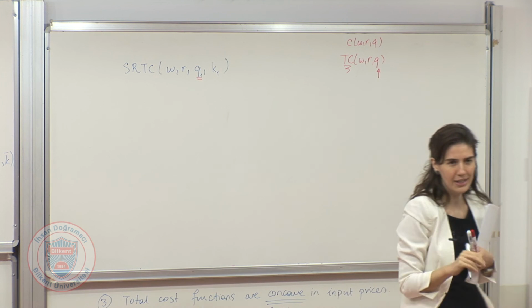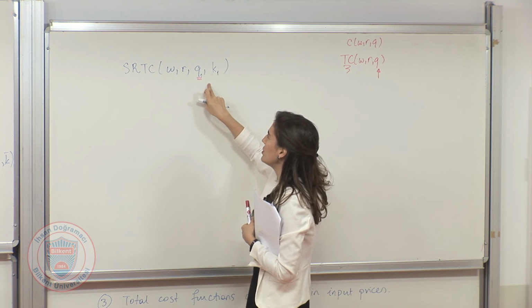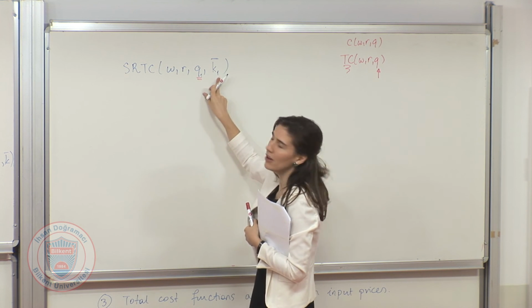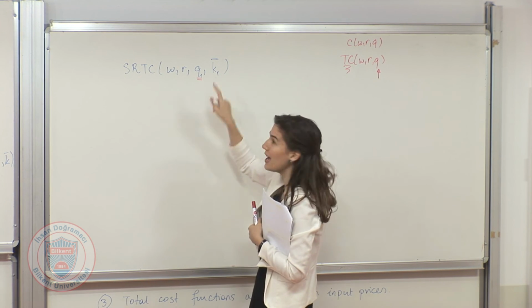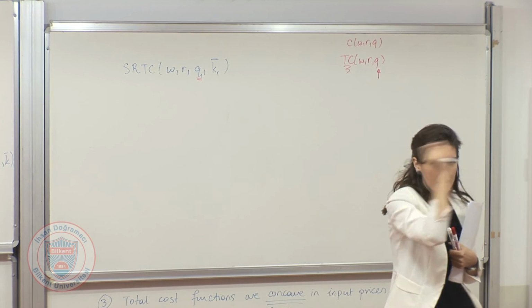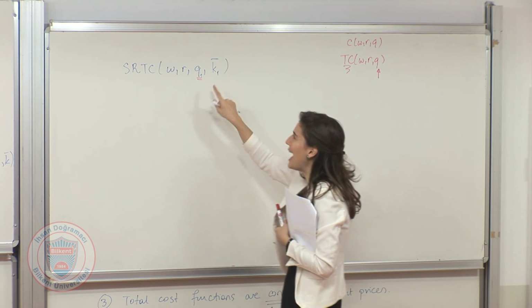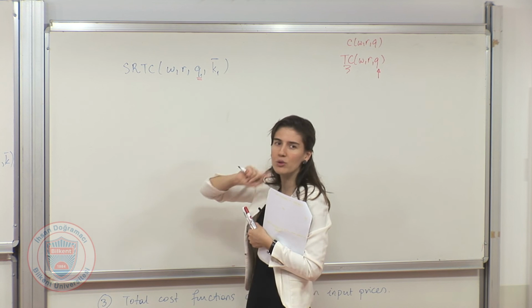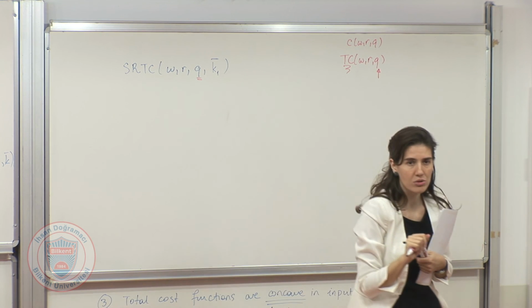You solved it, and you pick that in your short run total cost function as your level of capital. If you pick that quantity where K1 is the optimal in the long run, when you solve the cost minimization problem, then only at that point it's going to give you the minimal cost. But other than that, it's going to give you higher costs, okay?